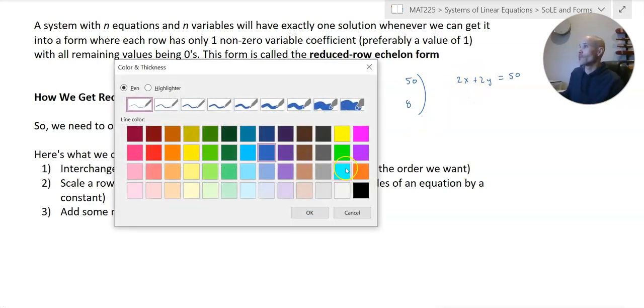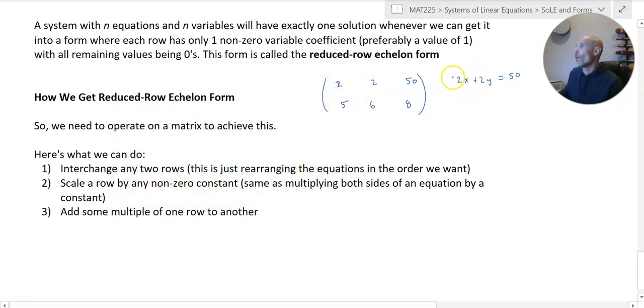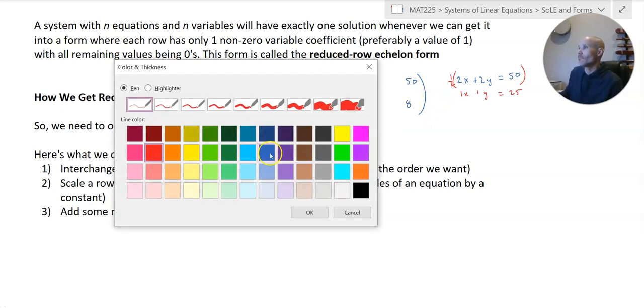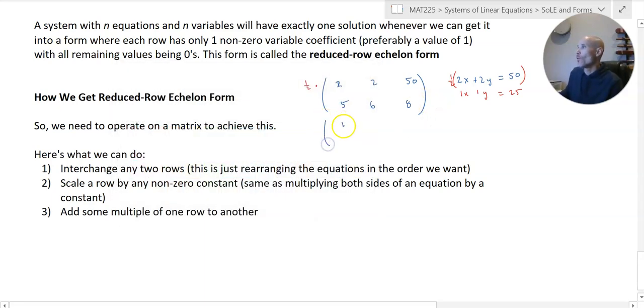What I can do is multiply both sides by 1/2, and I have to do the same thing to both sides. So 1/2 of 2 is 1, and then 1/2 of 50 is 25. So if I take 1/2 times row 1, what that will leave me with is 1, 1, 25. And then the second row, I'm not going to change. I want to just do one thing at a time, otherwise it just becomes confusing.